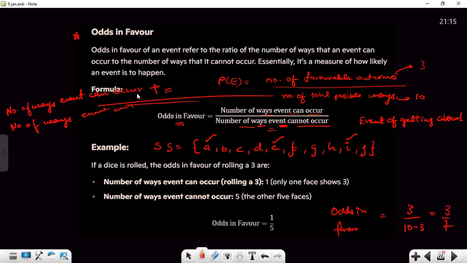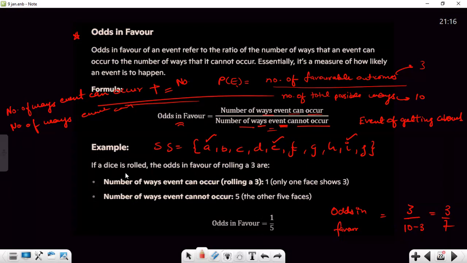So that's how we find the number of ways that event cannot occur, simply by subtracting from the total. Is that clear, everyone? Is that clear, Yarini? Yes, sir.